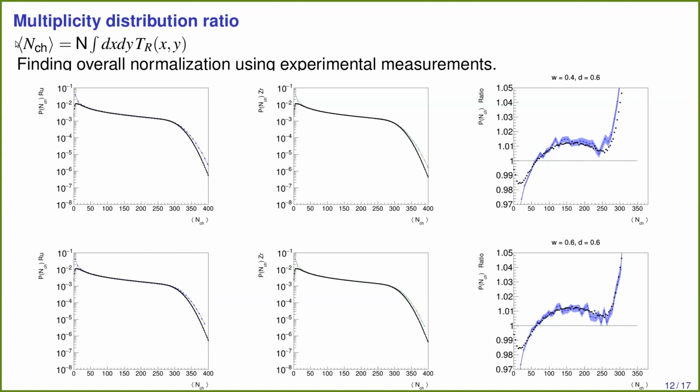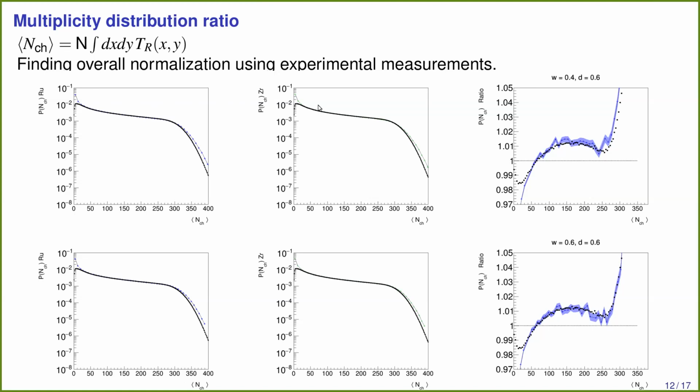But we do not know the proportionality constant, because the reduced thickness function should be proportional to the entropy, and the entropy proportional to the charge density. But it is easy. We have the measurements for ruthenium and zirconium, so we can fit this number to get the correct multiplicity, separately for zirconium and ruthenium.